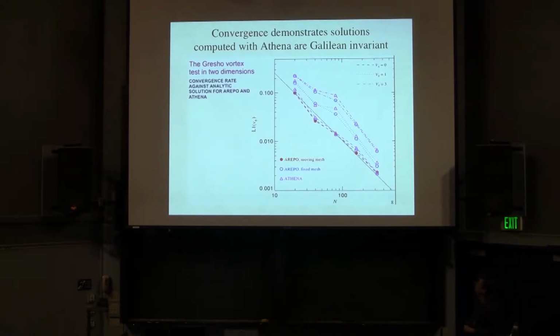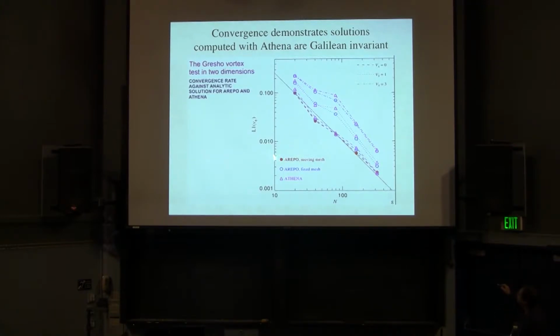Then you just evolve this numerically for some fixed period of time. Because there is an analytic solution, you then compare the numerical solution to the analytic solution, compute the L1 error, and repeat this at many different resolutions. This is just like doing the linear wave test, and it's a great way to test codes. You're just doing a convergence test on a two-dimensional problem. The solid line is second-order convergence, as you would expect for a second-order scheme.